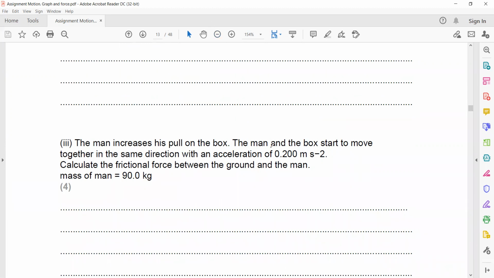So basically, we know the acceleration of the whole system. As I mentioned, the man and the box both start to move in the same direction and they have the same acceleration.